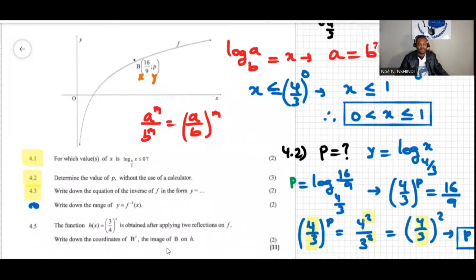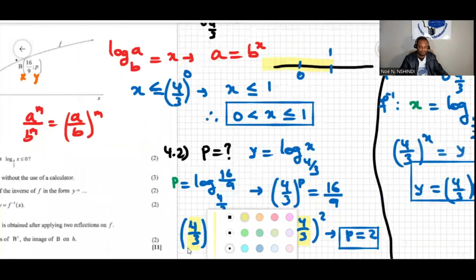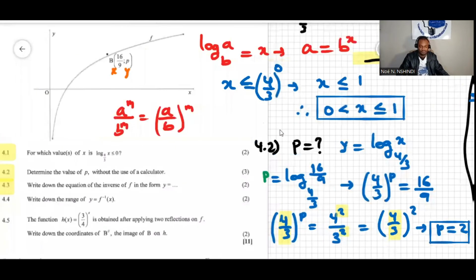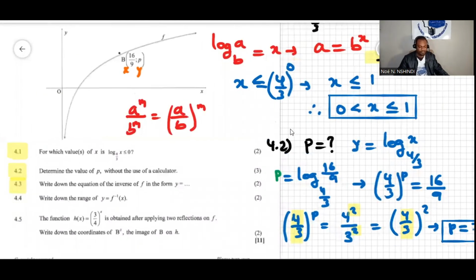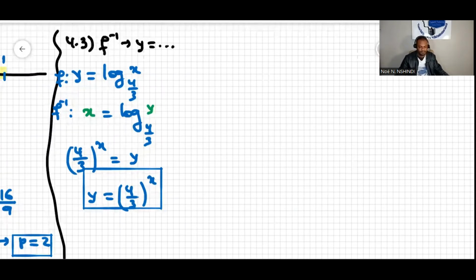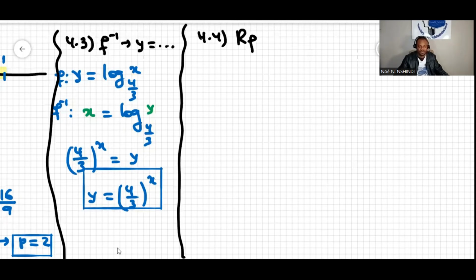Question 4.4 says write down the range of y equal to f minus 1 of x. Now, looking for the range of f minus 1 of x.